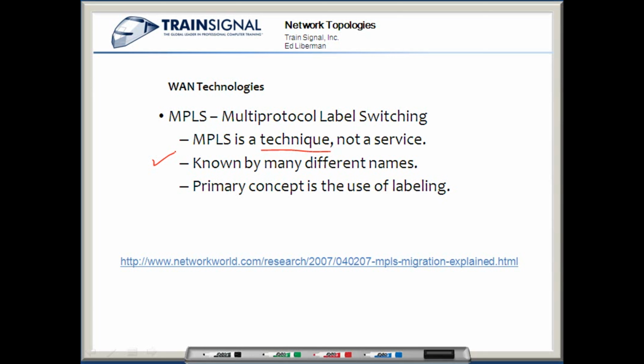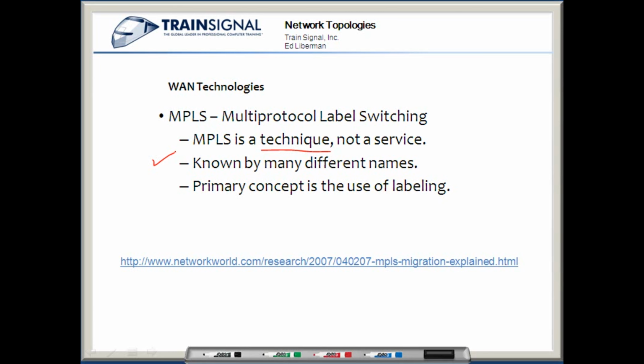Well, that's the primary concept. It uses what's called labeling. Now, it's very difficult to explain exactly what is meant by labeling and how this benefits without having a good full understanding of routing, routers, routing tables, etc. And we're going to get to all that later on in the course.